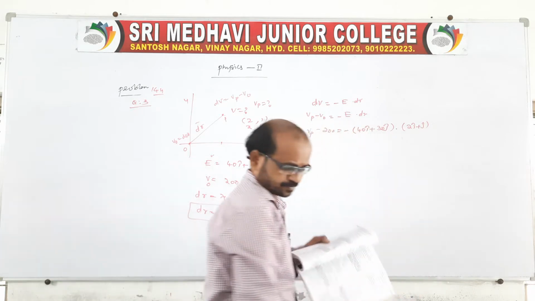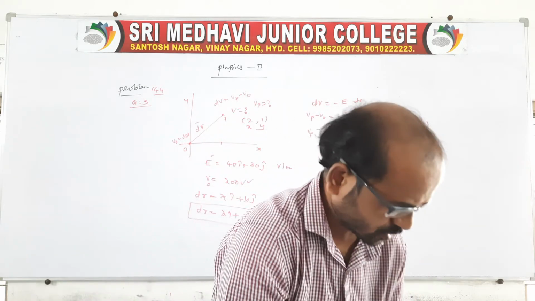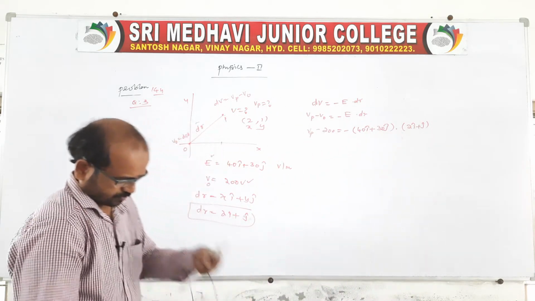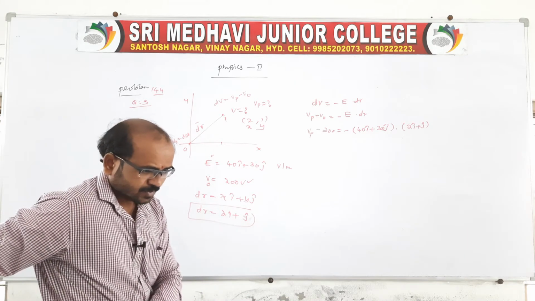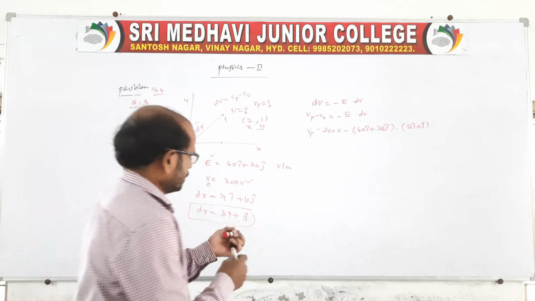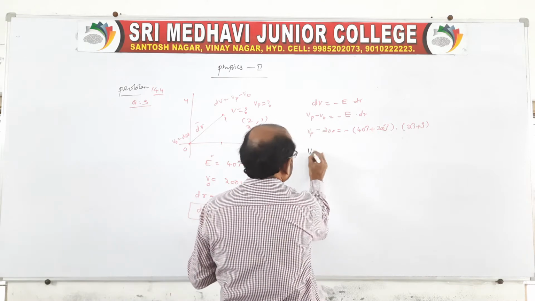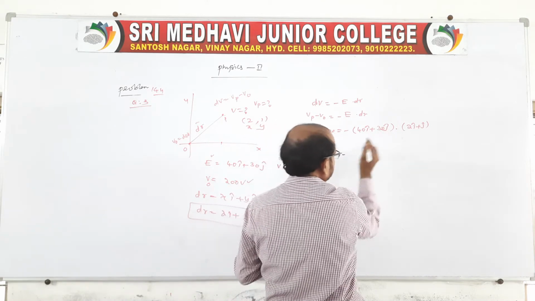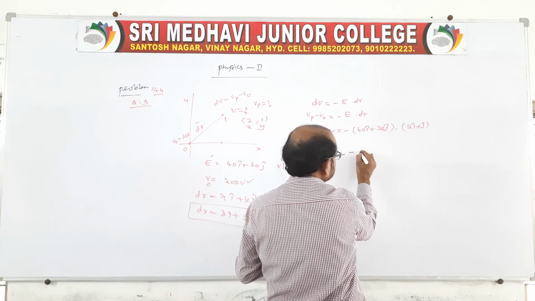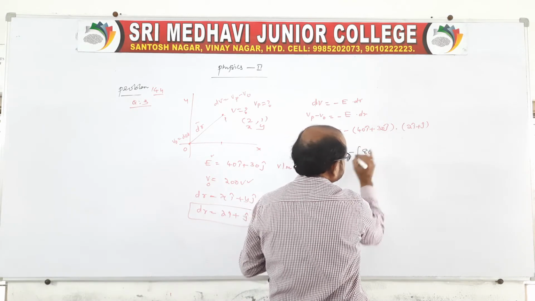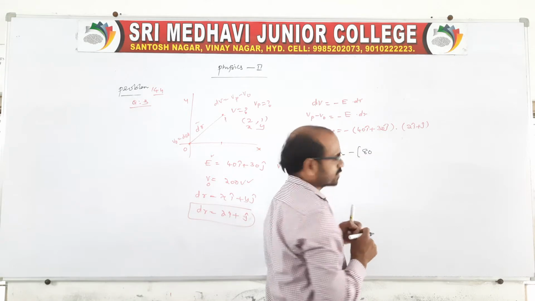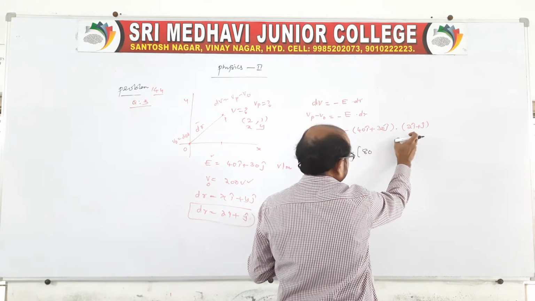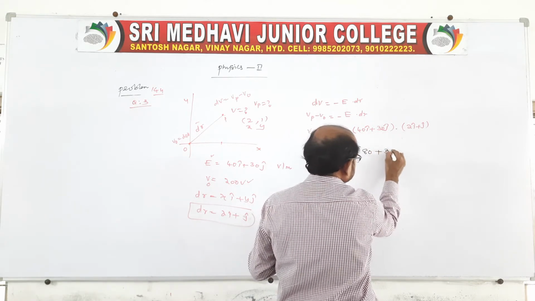Suppose you do this, everyone do it. Clear? Now Vp minus 200 is equal to minus of: i dot i becomes 1, so 80, i dot j is 0, j dot i is 0, then plus 30.